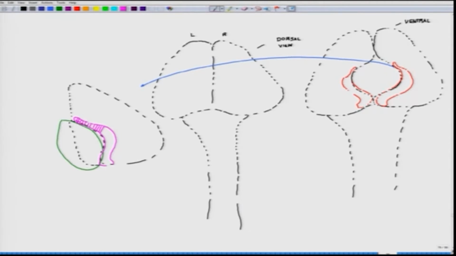It is fairly deeply placed inside. And this particular structure, which is very similar to a seahorse for the Greeks, is called the hippocampal region. Or in short, you call it hippocampus.